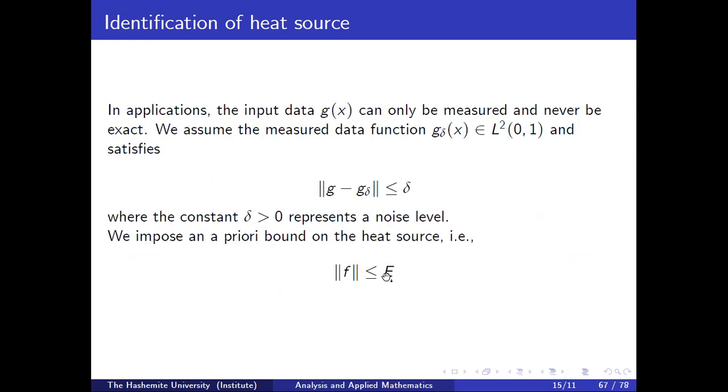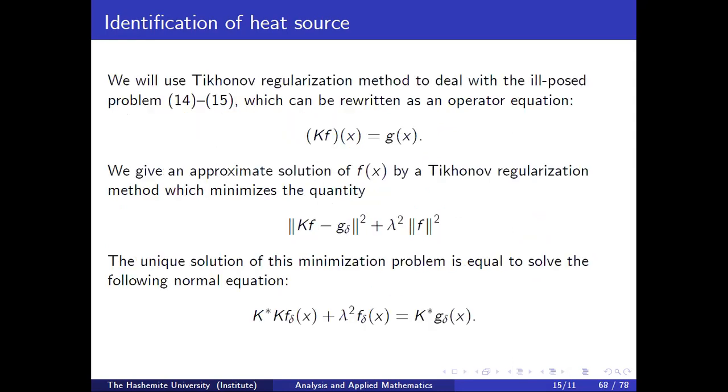And we can measure this by some measurements or sensors, for example. Now we have to solve Kf equals g. This is the operator equation. And we can use the technique of regularization to solve this problem by minimizing this functional. If we minimize this, we get the normal equations, using the least squares technique.